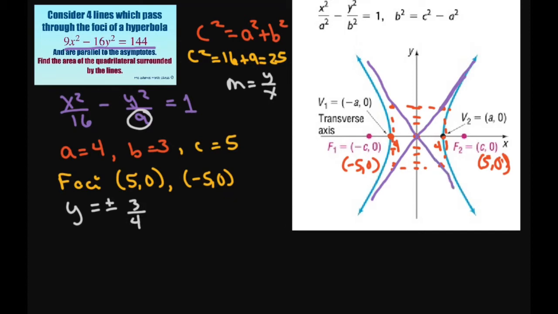Now, what they're talking about is the four lines which pass through the foci and are parallel to the asymptotes. So they pass through this, and they're parallel to this. I'm going to just sketch this. It's not going to be that great. It's actually going to start getting messy. So it looks something like that. Also, we have this focus that's parallel to this. It's supposed to be parallel to that purple line.